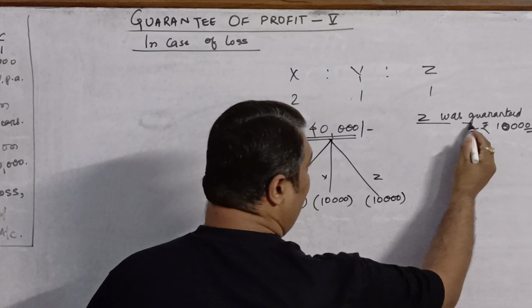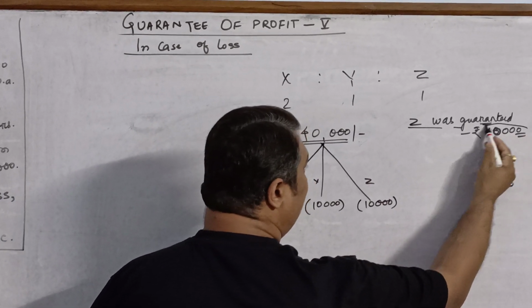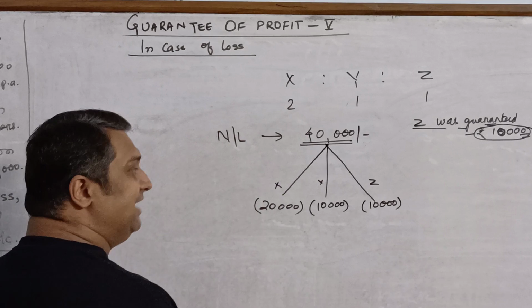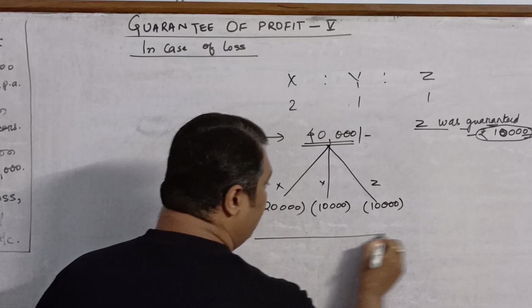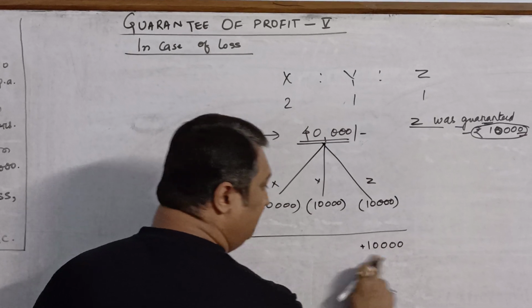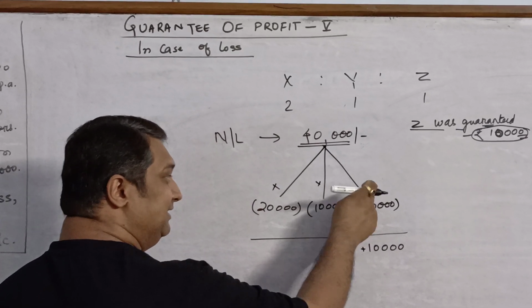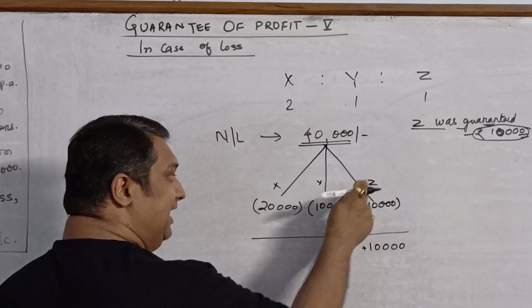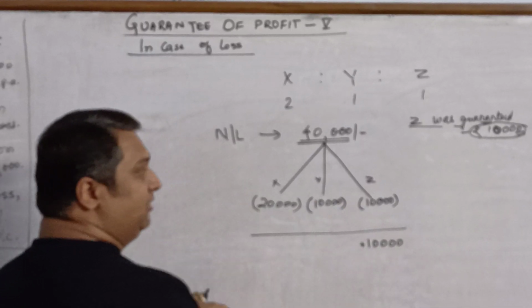But as per the question, Z was given a guarantee of profit of rupees 10,000. That means we want a profit of plus 10,000, whereas right now Z is getting a loss of 10,000.